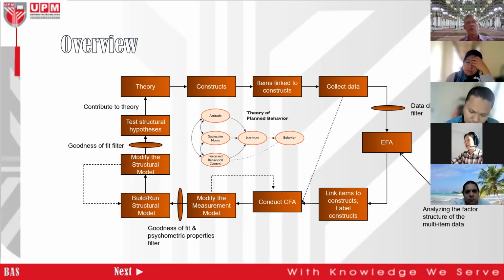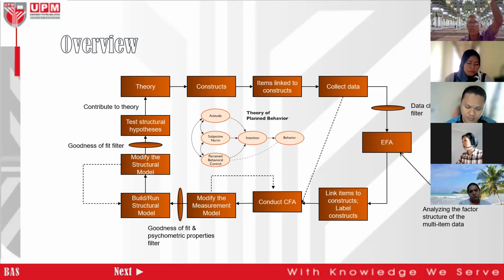But after we have done the CFA, and it meets the model fit, it meets the convergent validity, and the individual constructs meet the construct reliability, then we proceed to the second stage, which is the measurement model, where we combine all these variables together. We don't have to declare which will be the independent variable, the dependent variable, or the mediating variable.